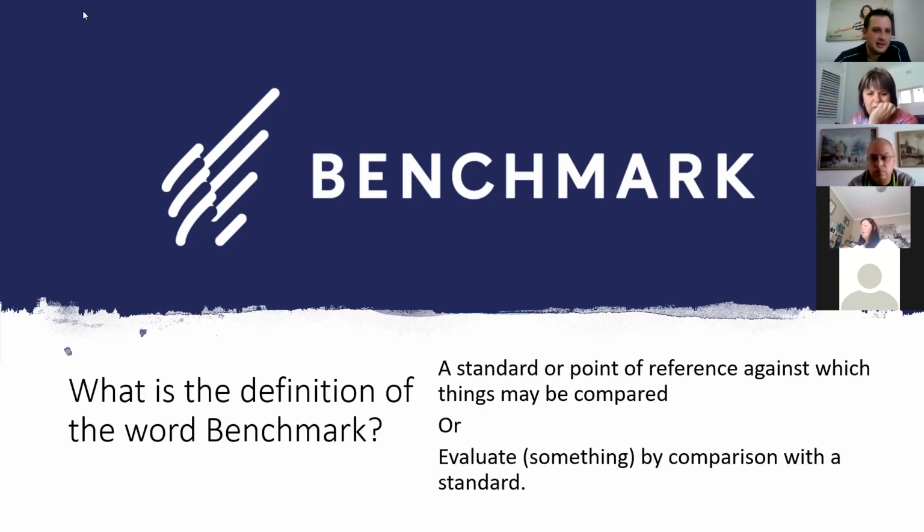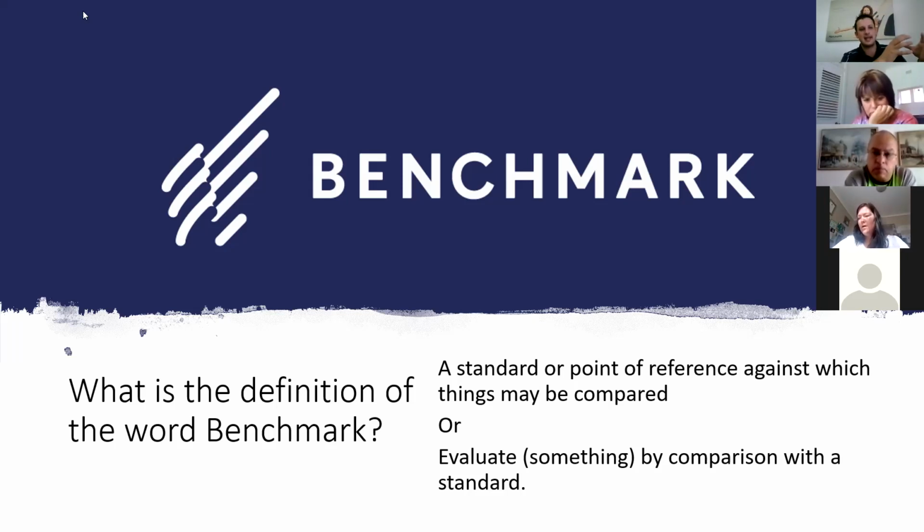So, you're all basically spot on. It's a standard or point of reference against which things may be compared. We evaluate something by comparison with a standard. And when we are evaluating a property, that's exactly what we're doing. We're comparing it to what else is currently in the market.